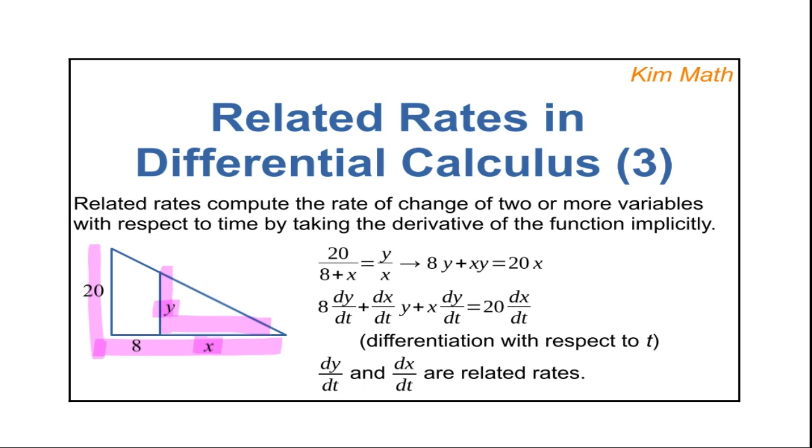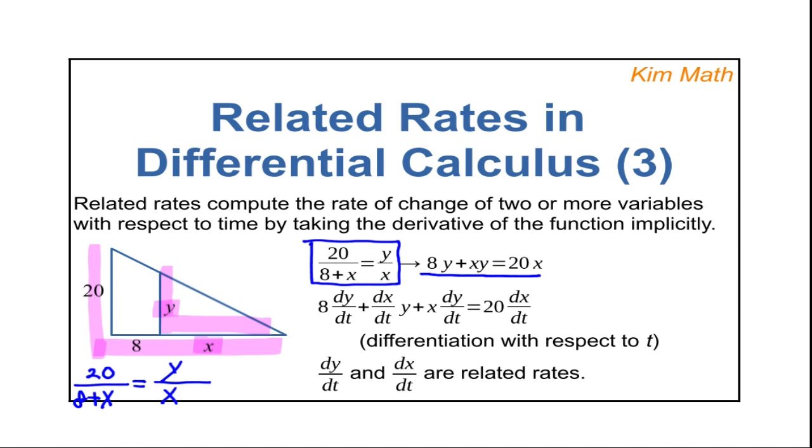Then 20 to 8 plus x equals, if you think of the small triangle, y to x. So if you have an equation, simplification is not a big deal, right? By cross multiplying, you can get this one.